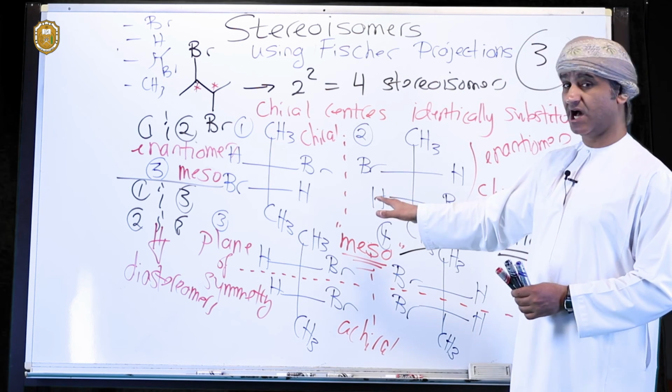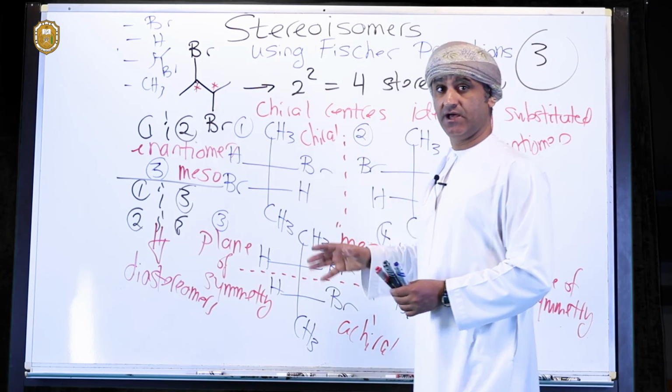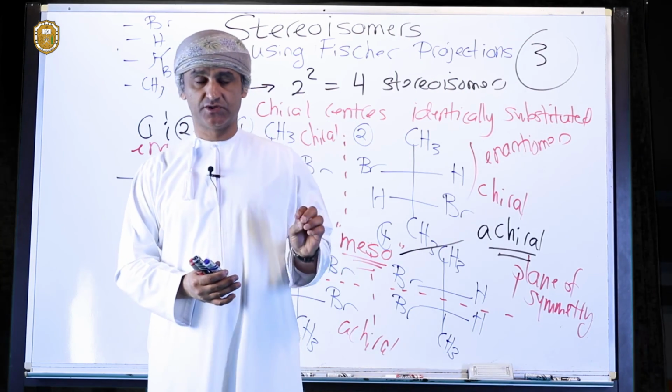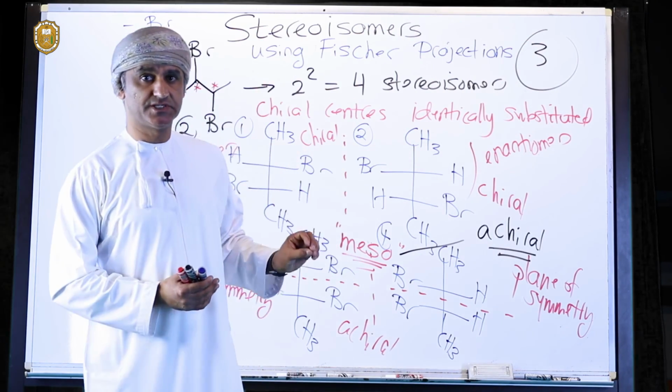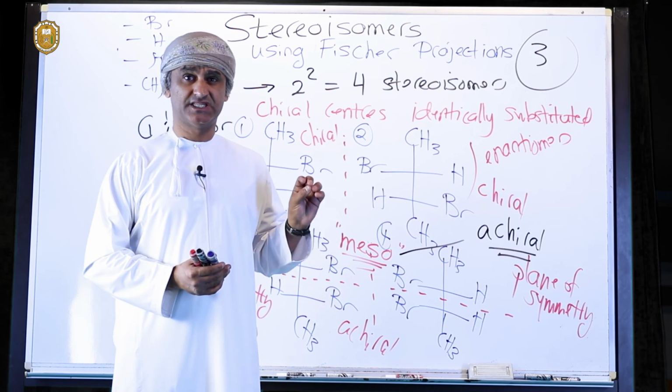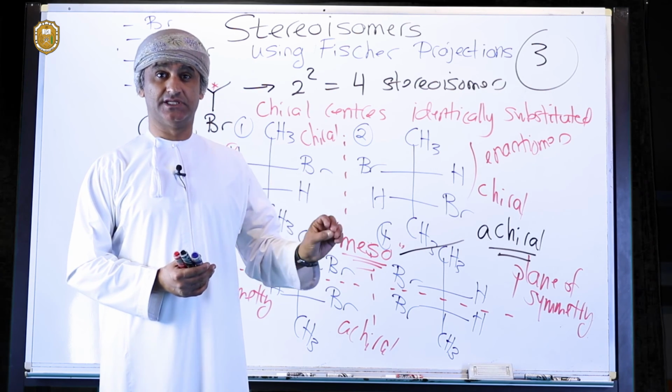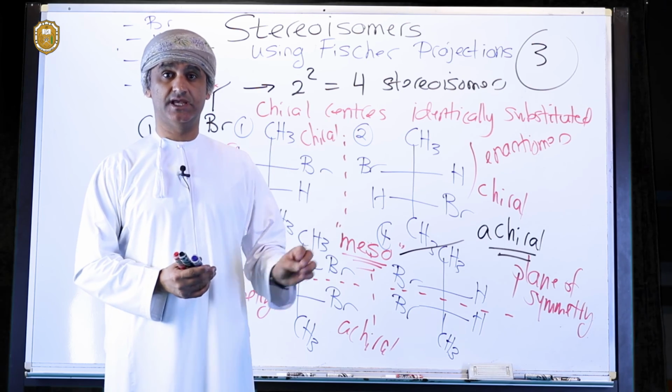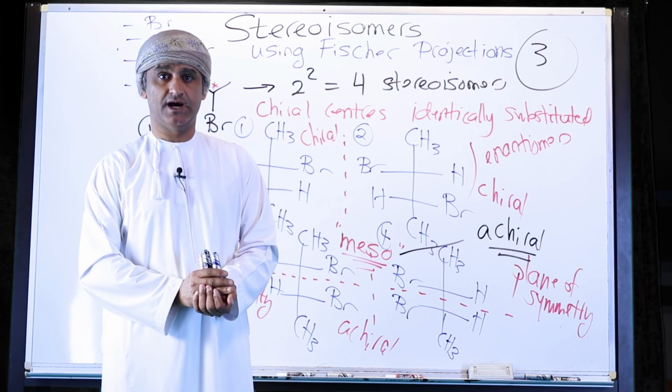Remember, meso compounds are achiral. They have an alpha D of 0. The specific rotation of meso compounds is actually 0. That's because they are achiral, and of course it is 0. That's because they don't rotate plane polarized light.